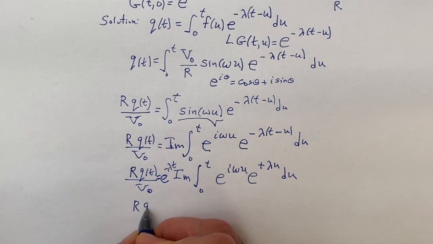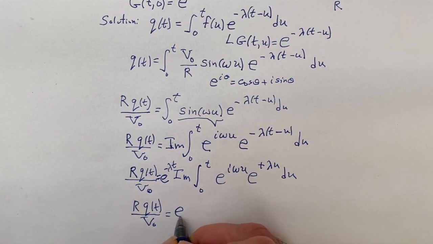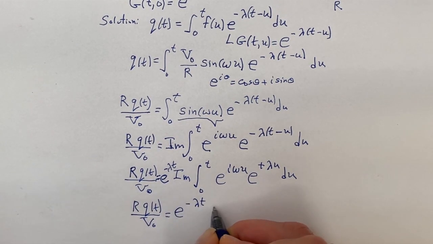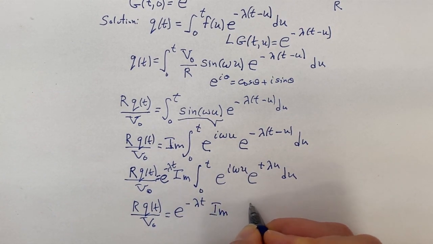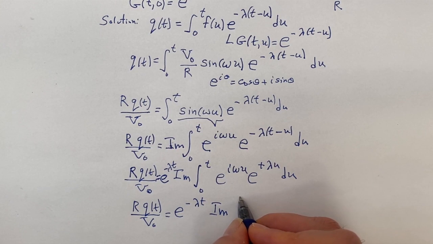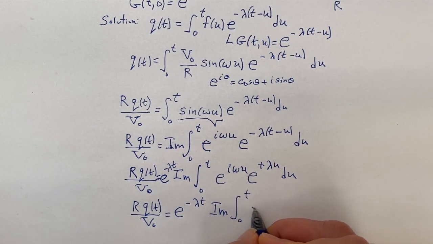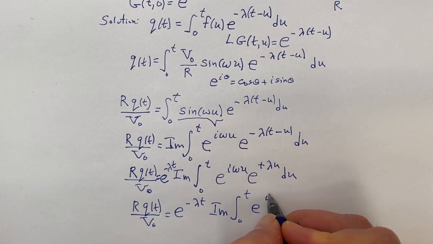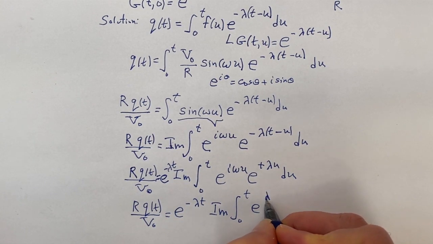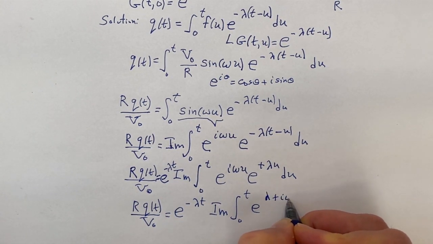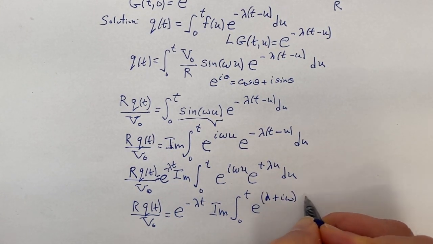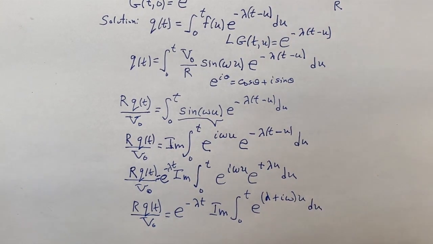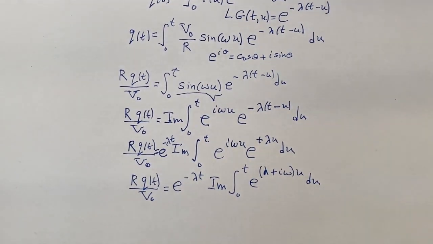So we come down here. This is going to give us complete knowledge of what's going on. So this is e to the minus lambda t. And then we have the imaginary part of the integral. This is going to be a lambda plus an I omega that multiplies that u du. All right.